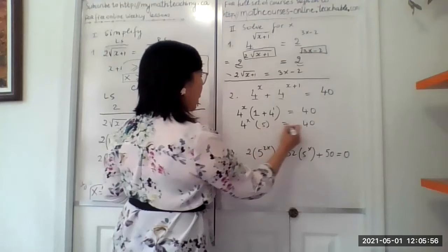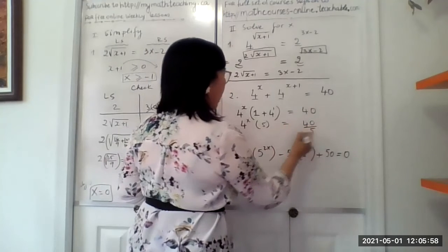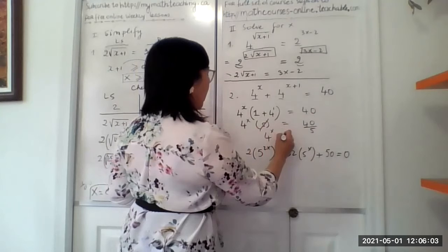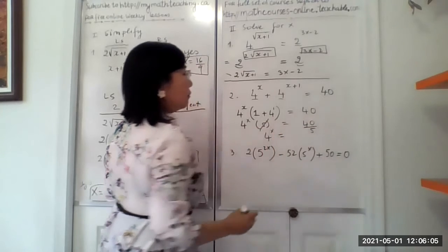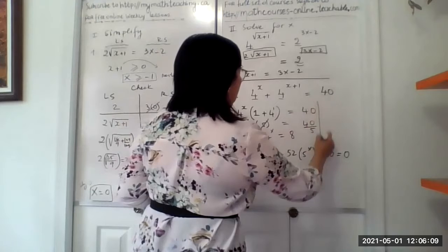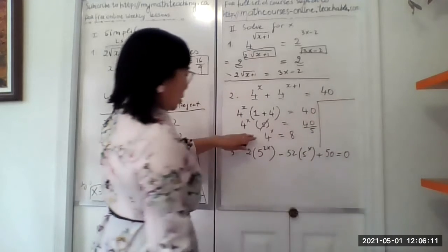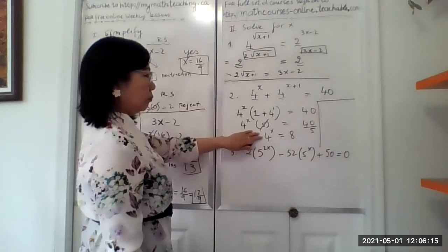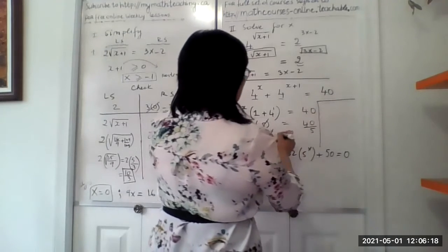Now you can divide both sides by 5 and get rid of this. So we have 4 to the power x equals 40 divided by 5, which equals 8.